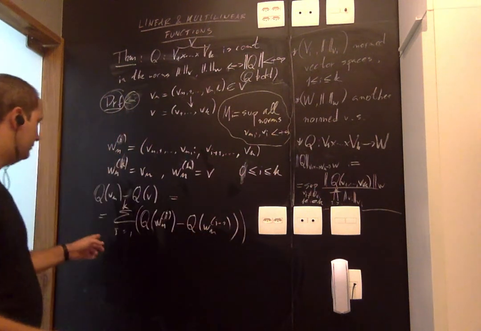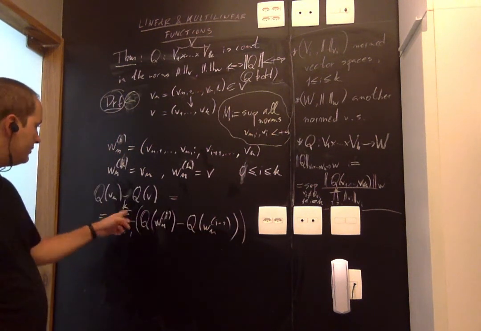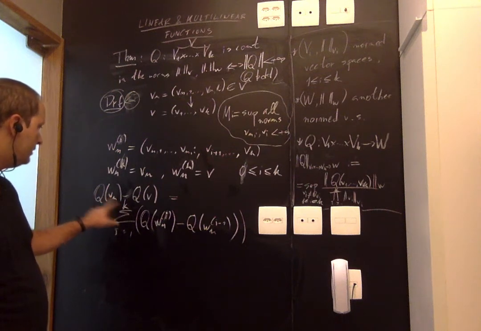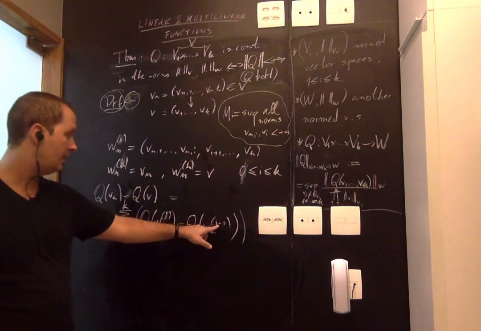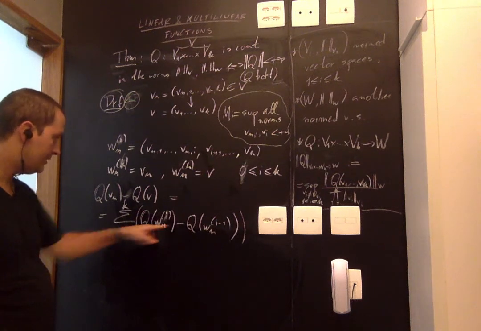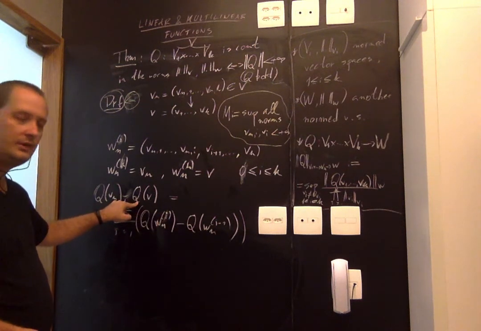So it's a telescopic sum, right? Eventually, if you add everything up, the terms are going to cancel except for the term with i equals k and the term with i minus 1 equals 0, and those give you these two guys.